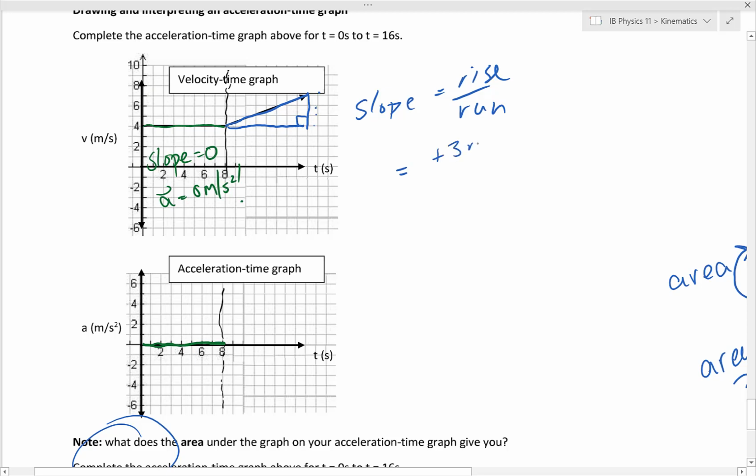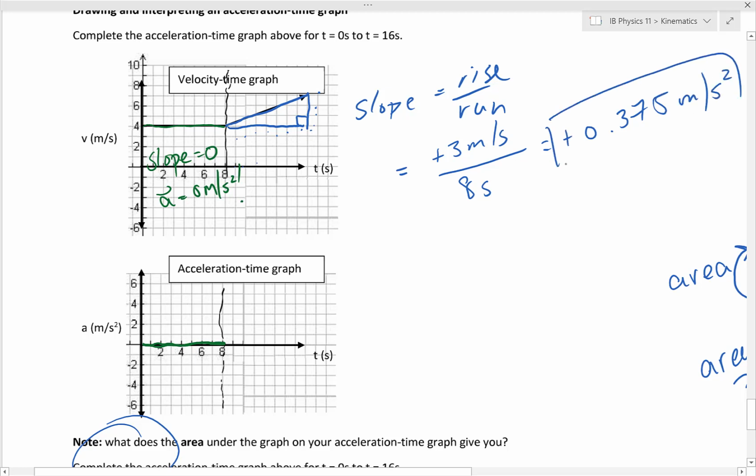Positive 3 meters per second divided by our run, and same thing on the x-axis, every box is represented by 1 second based on our scale, so I just count by 1. 1, 2, 3, 4, 5, 6, 7, 8. 8 seconds, giving us 0.375 meters per second squared. Okay, so that's our acceleration for our second part.